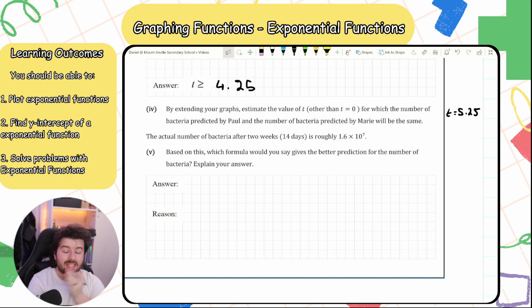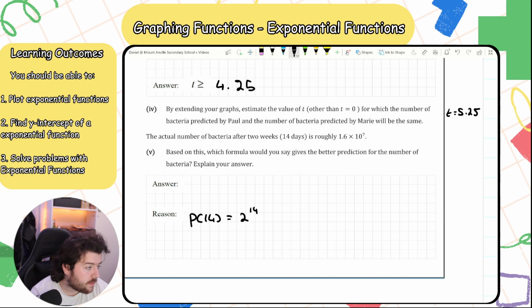So after 14 days, the actual number of bacteria in the colony is 1.6 times 10 to the 7. So we actually want to find out now who's more accurate. So just test them. Test when t is equal to 14. So Paul, after 14 days, his formula is 2 to the power of 14. That is going to give me a mammoth of a number. Wait a minute.